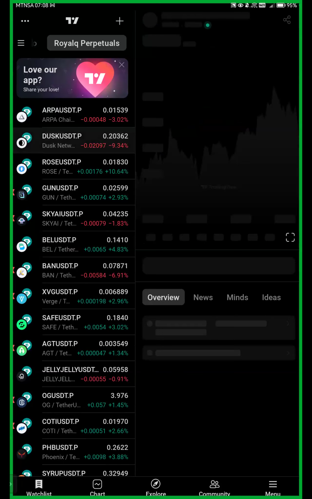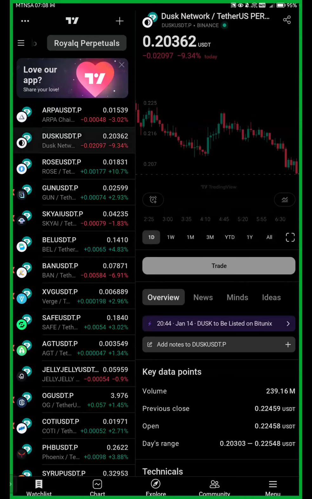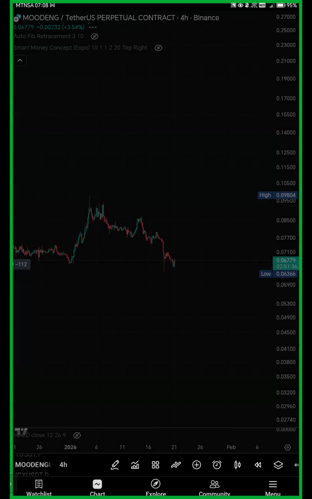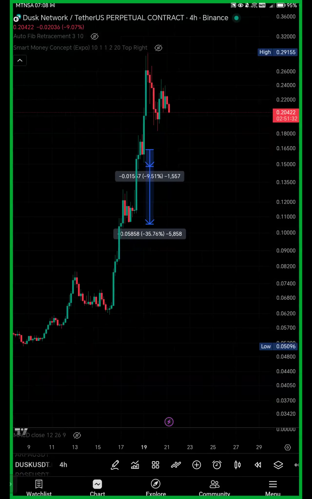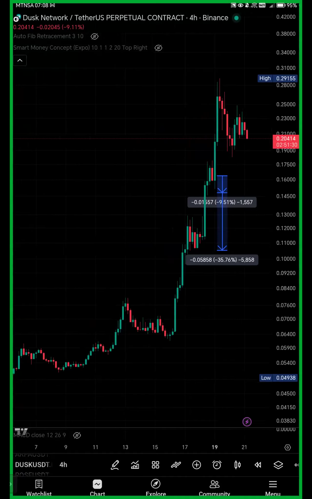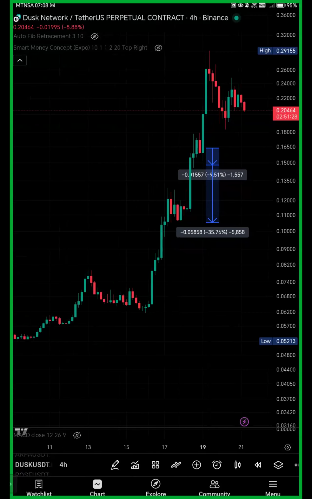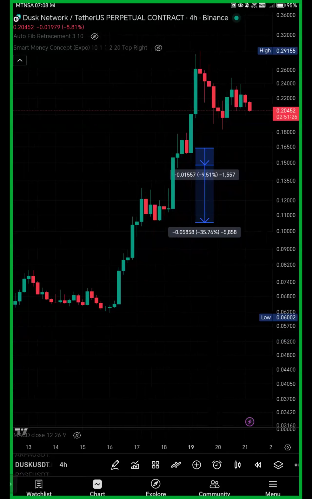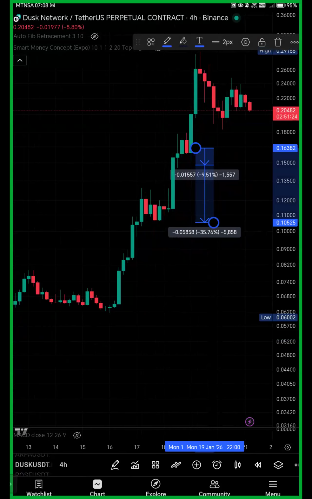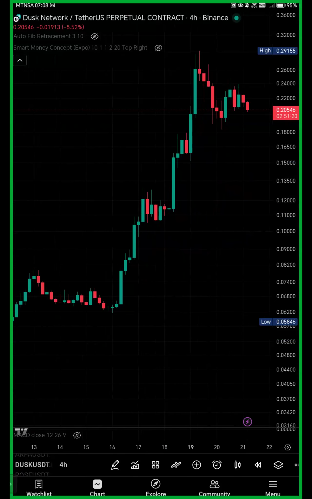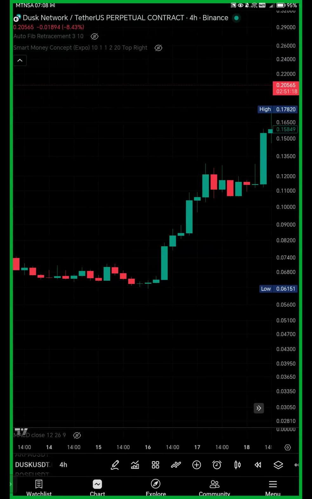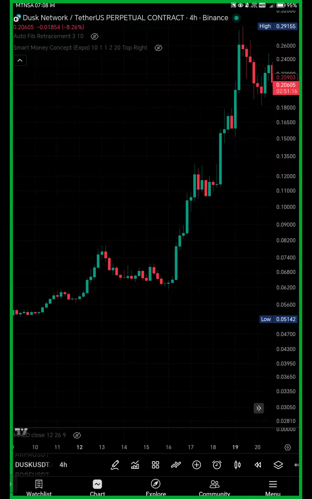Let's look at other. Let's look at this guy. This guy who has been pumping, who was pumping the past 2 days. Dusk. All right. Can you see? Let's find out some candlestick patterns here.